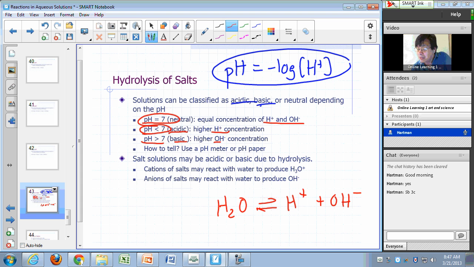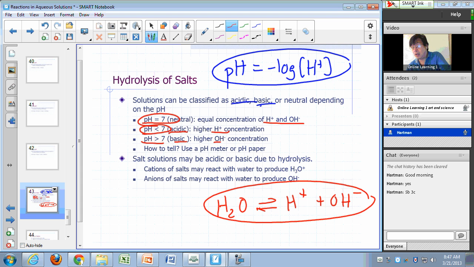This happens to a very, very small extent. It's like one water molecule out of 55 billion water molecules would be broken up into H+ and hydroxide. But you can alter this balance between H+ and hydroxide by adding things to your water that will react with the water to produce H+ or hydroxide, okay?